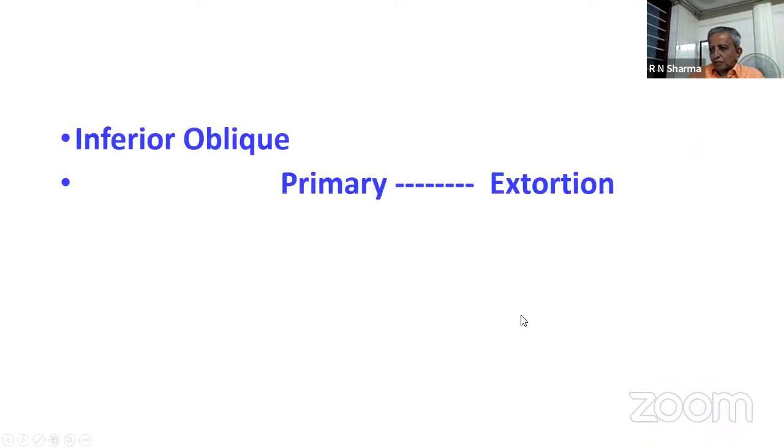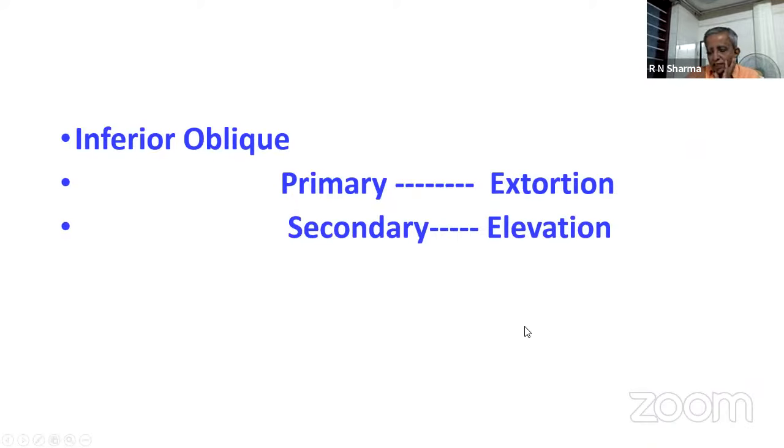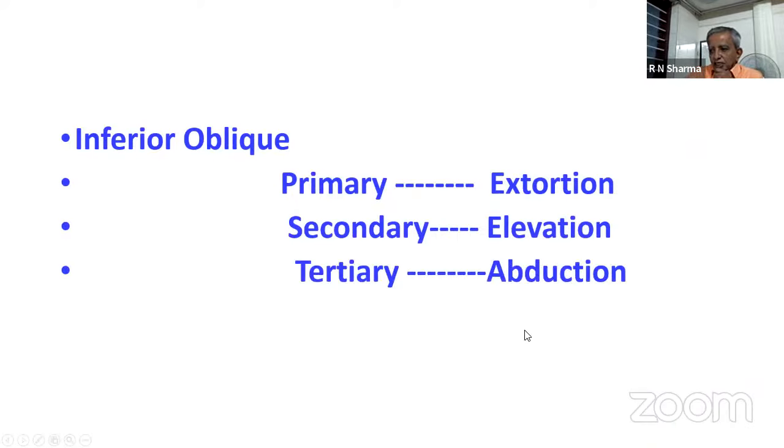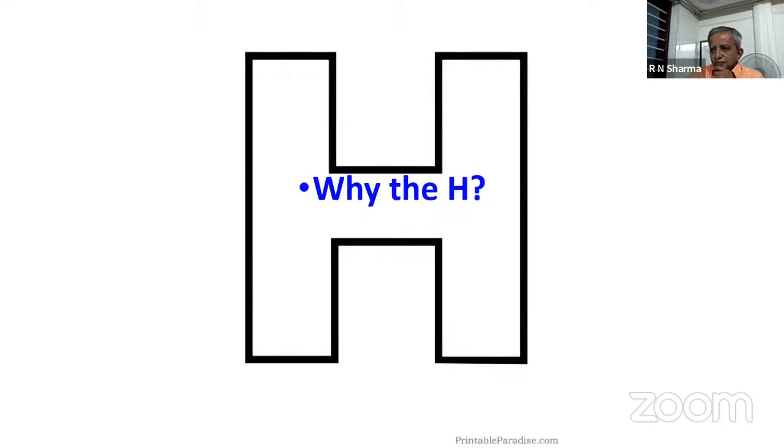Inferior oblique: primary action, extorsion; secondary action, elevation; tertiary action, abduction. Now, the usual way of testing the extraocular muscles is to test in an H-shaped fashion. What you are asked to do is just like an H. Horizontal movement is executed to the right gaze, then to the left gaze, then upward on the left side, downward on the left side.